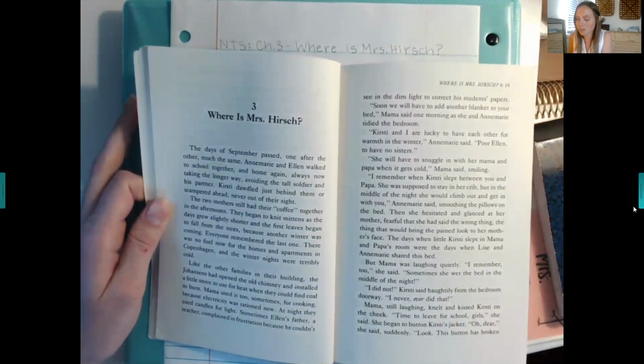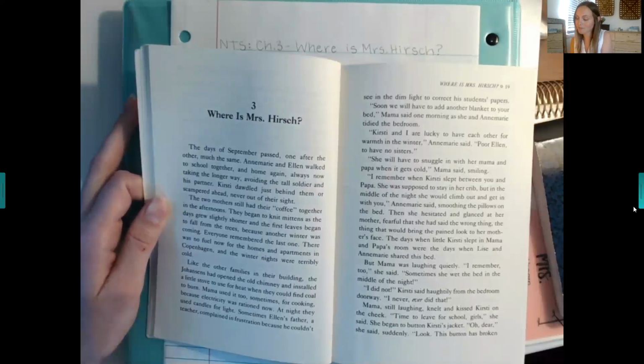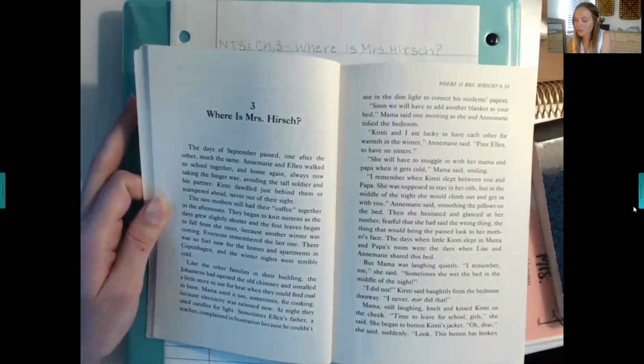Kirsty dawdled just behind them or scampered ahead, never out of their sight. The two mothers still had their coffee together in the afternoons. They began to knit mittens as the days grew slightly shorter and the first leaves began to fall from the trees, because another winter was coming.